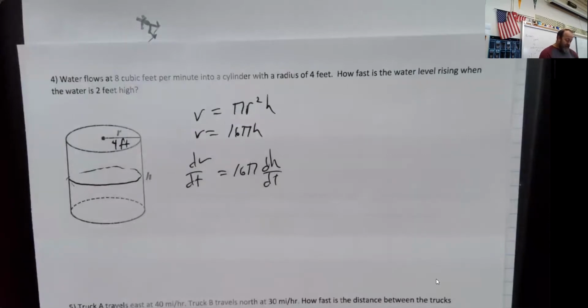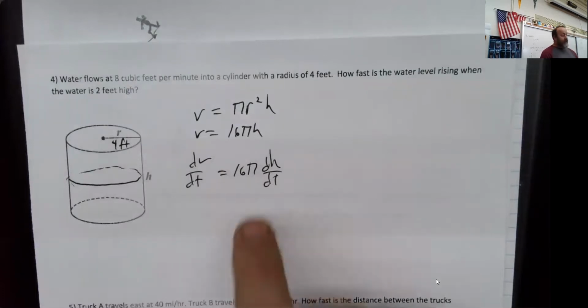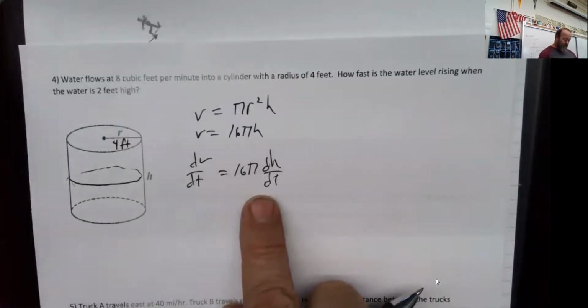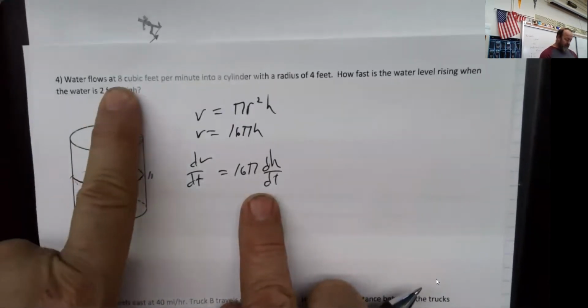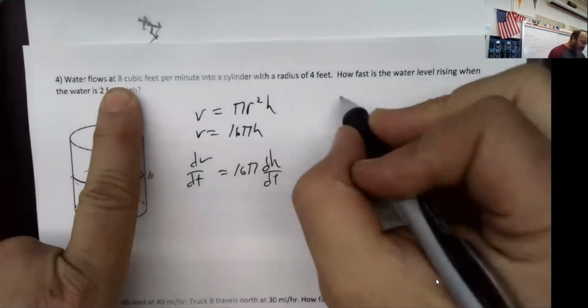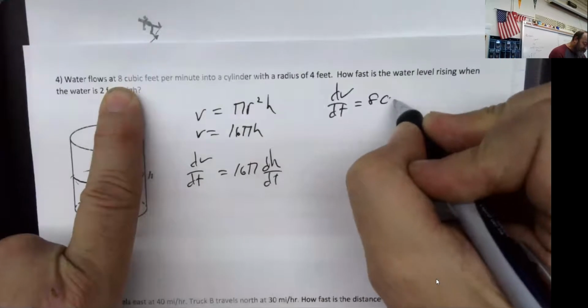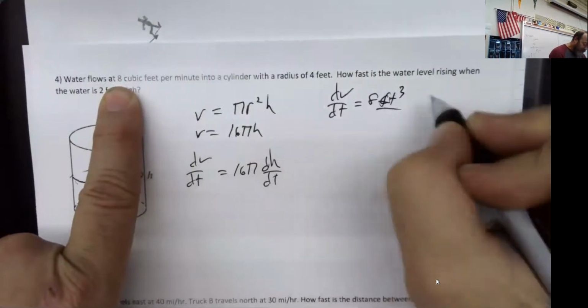Now, it says, how fast is the water level rising when it's 2 feet high? And what you're going to notice, the height doesn't even come into play. I can't even plug that in. But what I can plug in is it says right here that the water flows in the early stages. I should have written that down, at 8 cubic feet per minute.